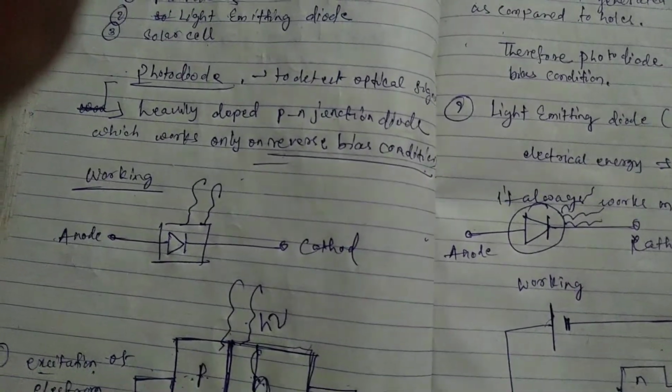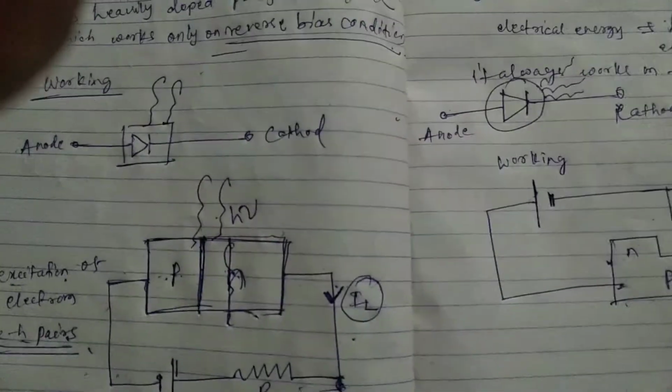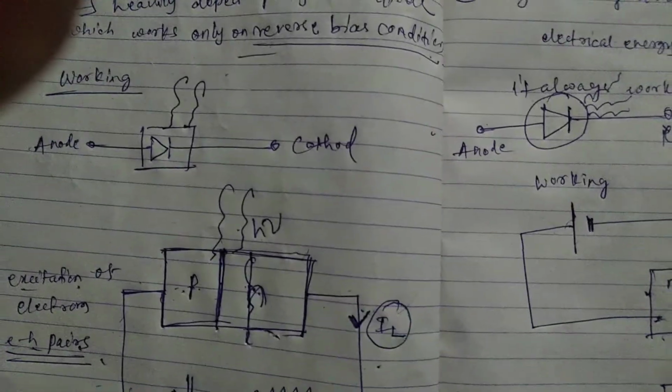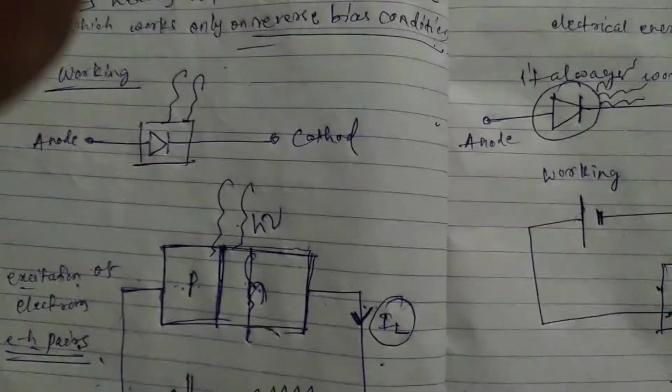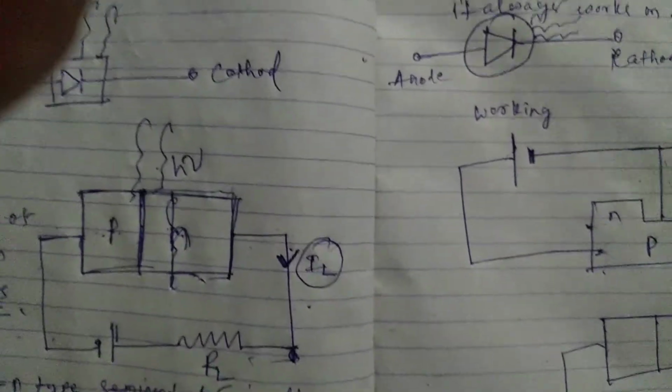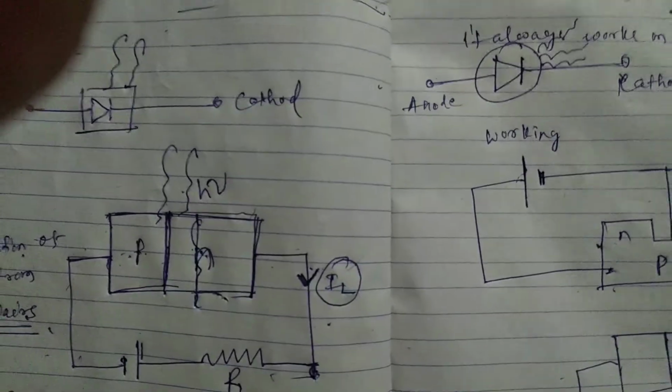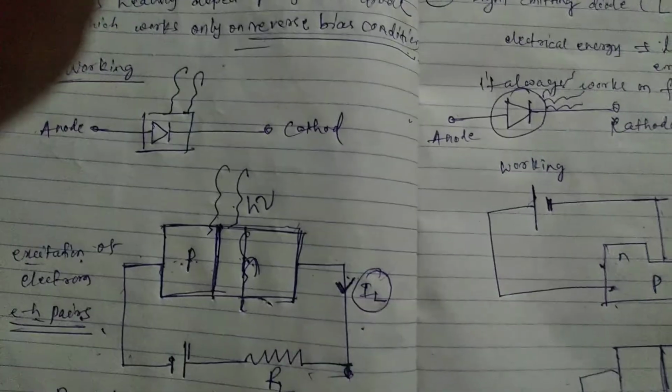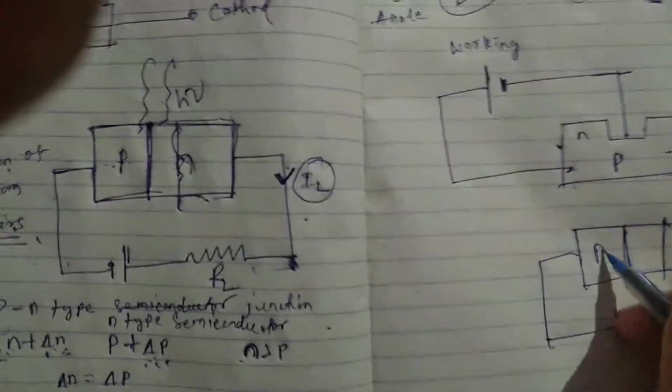You know that in the p-n junction a depletion layer is there. So when a p-n junction works, it has a p side and an n side.